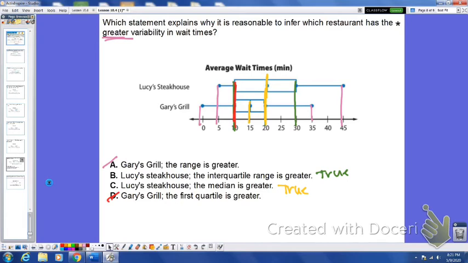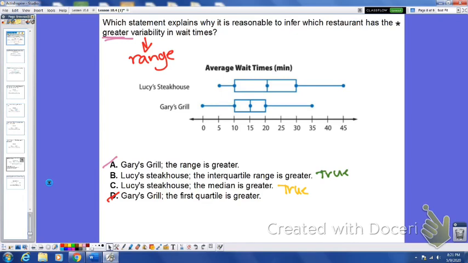Okay, so we ended up with two true statements. Only one of them is correct, though. Take away all these marks. So, Lucy's Steakhouse because the IQR is greater, or Lucy's Steakhouse because the median is greater. While they're both true statements, the median actually doesn't tell us anything about our variability. Remember that variability dealt with range.